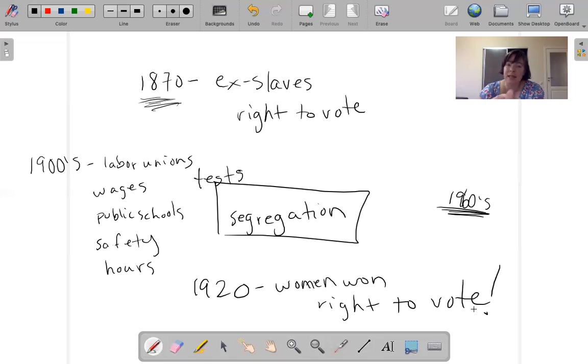And with the United States, make sure to include manifest destiny. You're going to have to be able to tell me what manifest destiny is and how it happened.